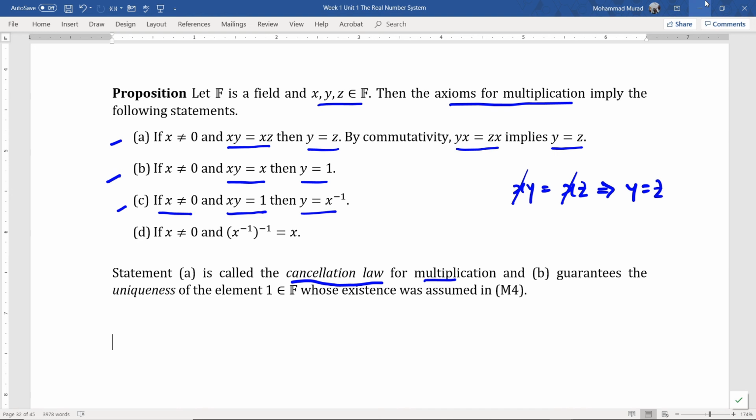So this statement guarantees that there exists a unique multiplicative inverse to every element in the field F. D says if x is not equal to 0, then the multiplicative inverse of the multiplicative inverse of an element x is just the element x.